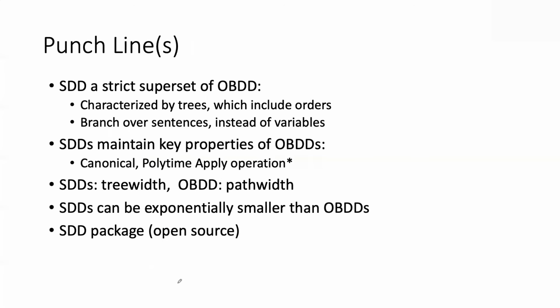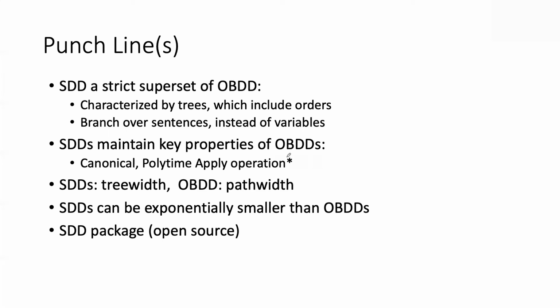All right. Now, here's the summary before we move on and what makes SDDs interesting. As we mentioned, it's a strict subset of OBDDs characterized by trees instead of variable orders. We branch on sentences instead of variables. They do maintain the key properties of OBDDs in the sense that they're canonical. They have a polytime apply operation. There is a star here.